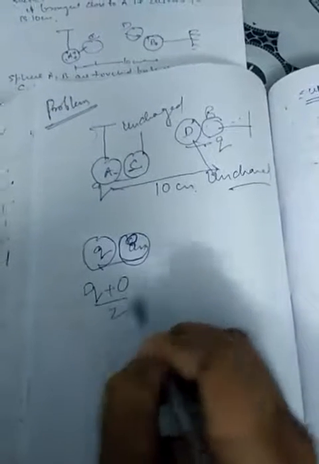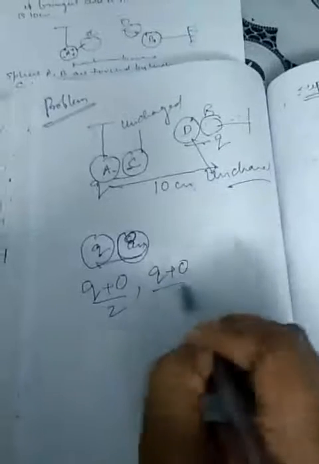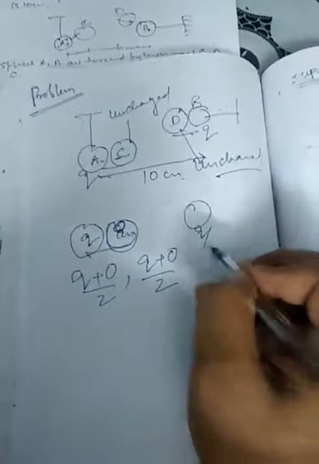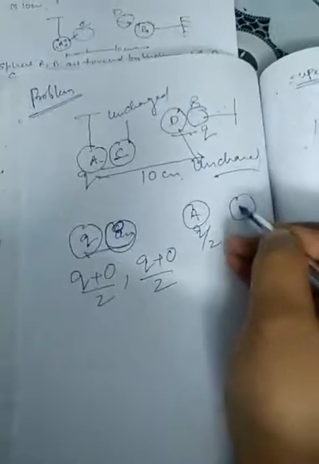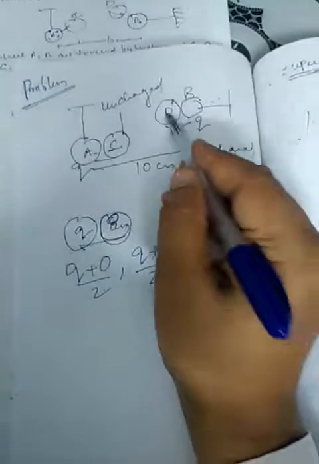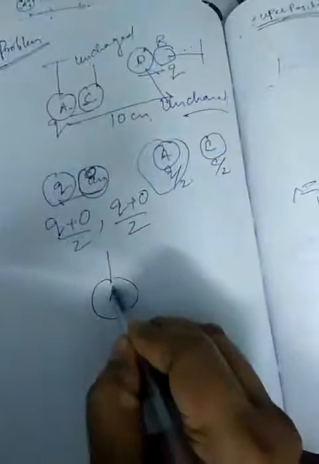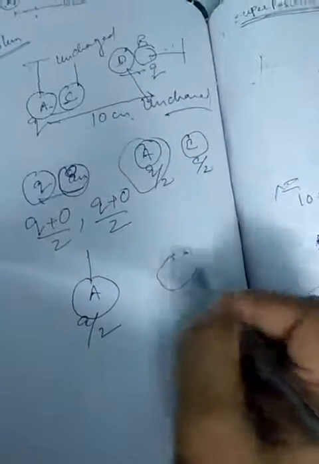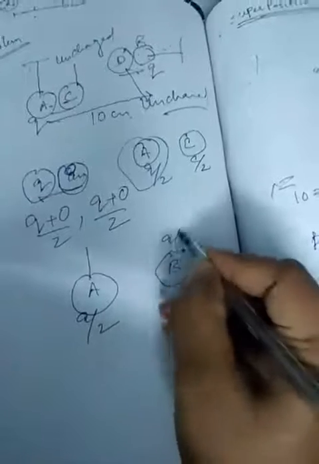So that means Q plus 0 by 2, that is Q by 2 over A and Q by 2 over C. Half charge will remain here. Similarly, between B and D, half charge will remain, so B will also have half charge.